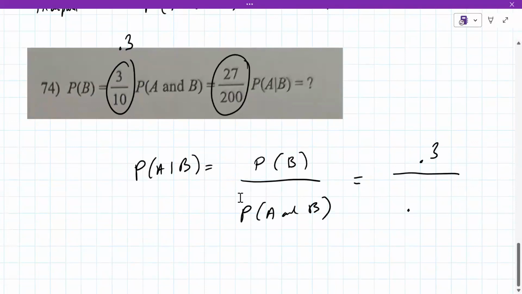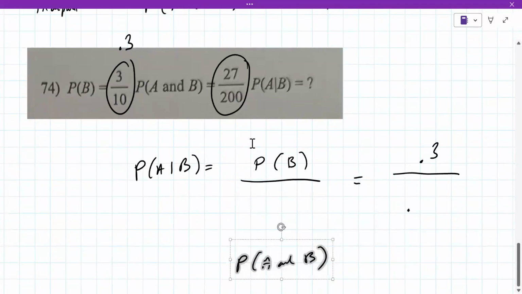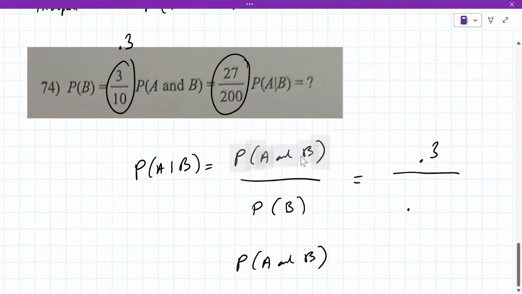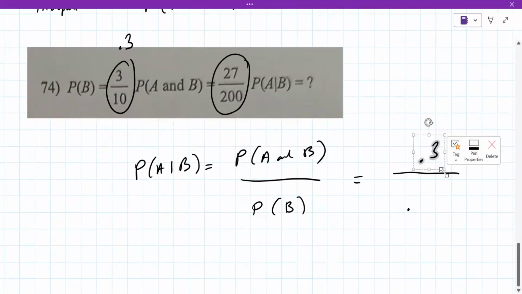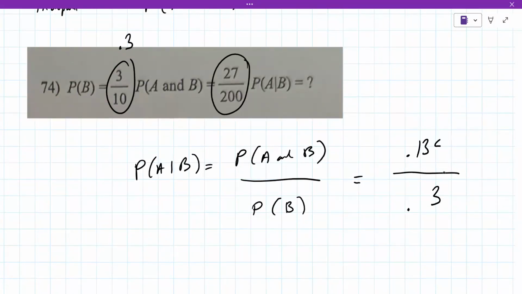Let me just get this right here. Because I was looking at the numbers like, oh, that's not going to work. Probabilities have to be between 0 and 1, which is why I was saying that's not going to work. This is 0.135. So it ends up looking like this, and that ends up being 0.45.